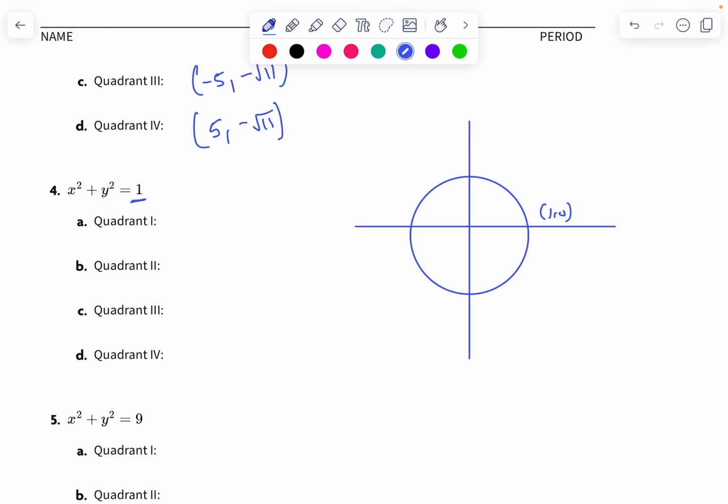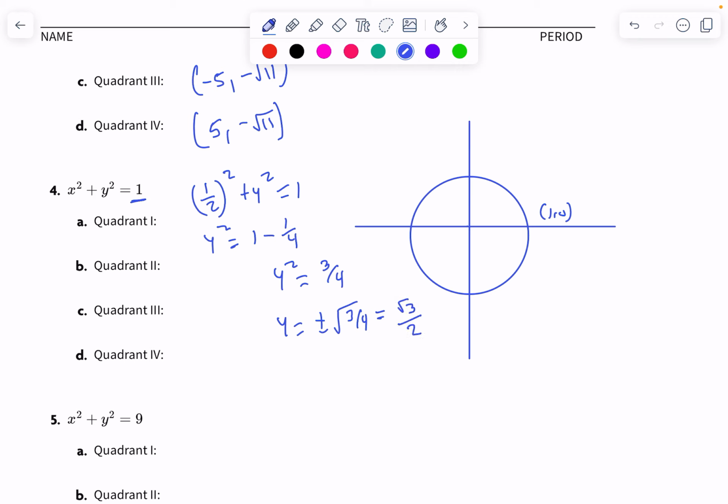So then this will be 1/2 squared plus y squared equals 1. So then I'm left with y squared is equal to 1 minus 1/4, which is 3/4. So then y squared is equal to 3/4. Y is equal to plus and minus square root of 3/4, which is equal to square root of 3 over 2.